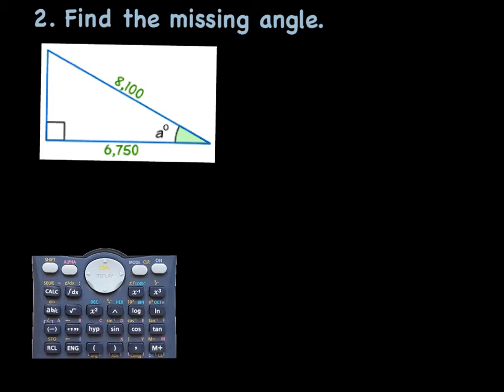Let's try another one. This time we are looking for angle A, but we're given different sides. So let's go ahead and label those. 8100 would be our hypotenuse, and 6750 is our adjacent side. So which of the three uses hypotenuse and adjacent?